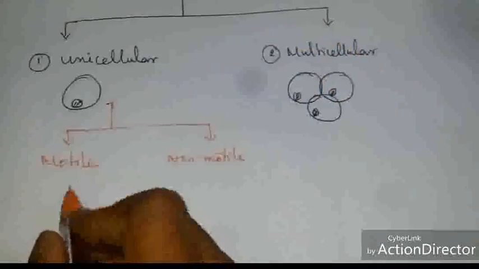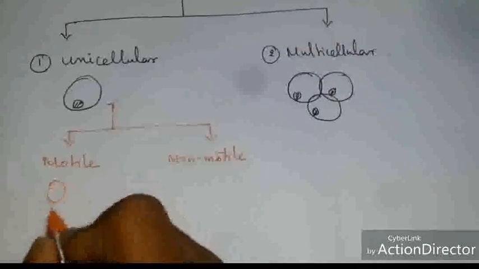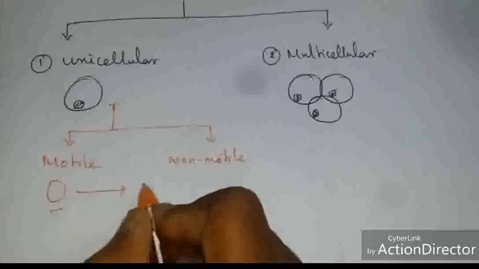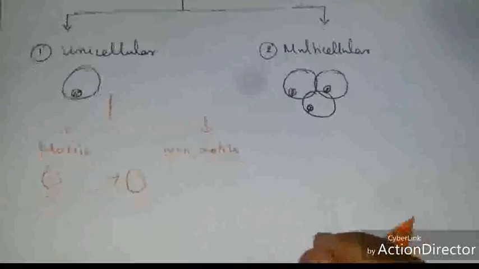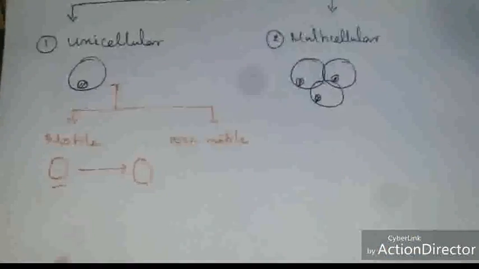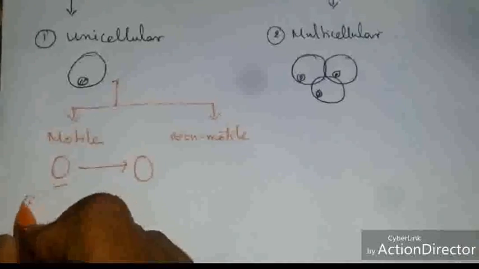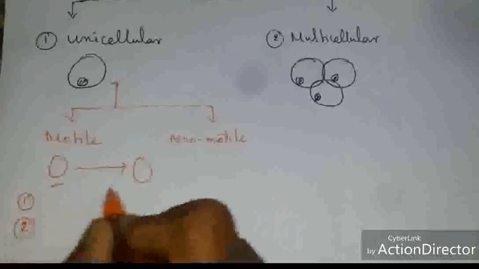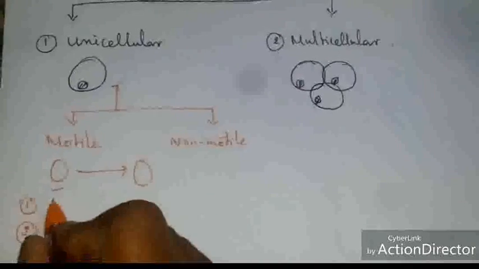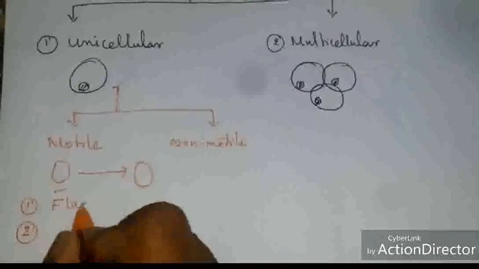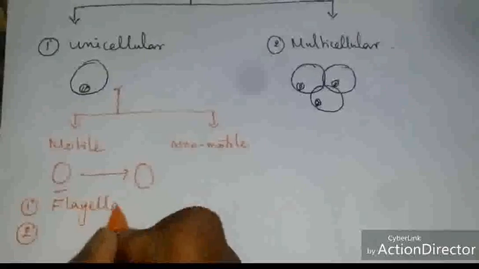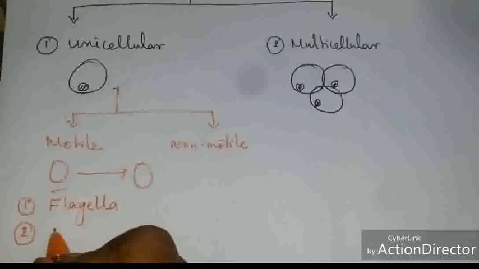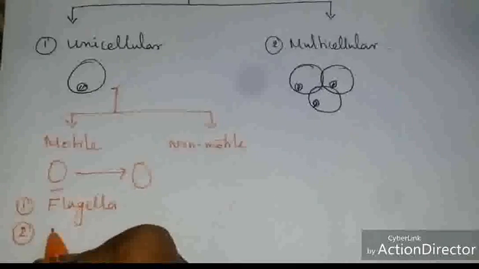Motile means thallus can move from one place to another, and the place change can be done by flagella, or second is rhizopodial.